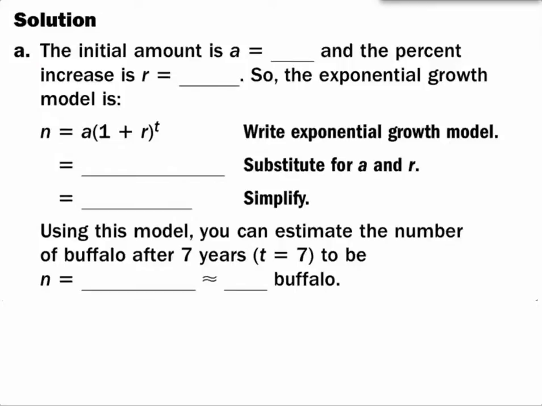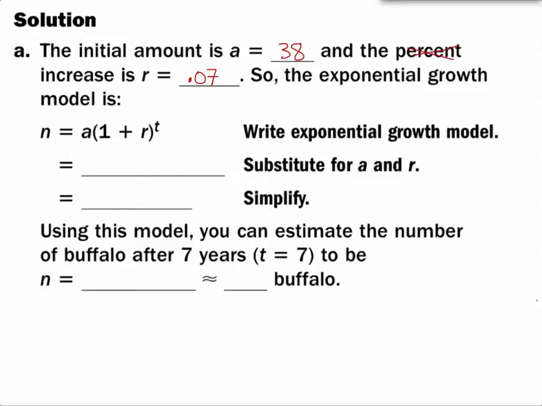Part A. The initial amount is A equals 38 because they said there were originally 38 buffalo in the state park. And the percent increase is R equals 0.07. Now, of course, they said 7%, so to be honest, they probably shouldn't have used the word percent in the sentence there.